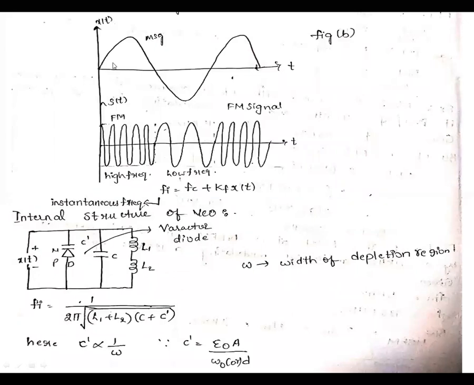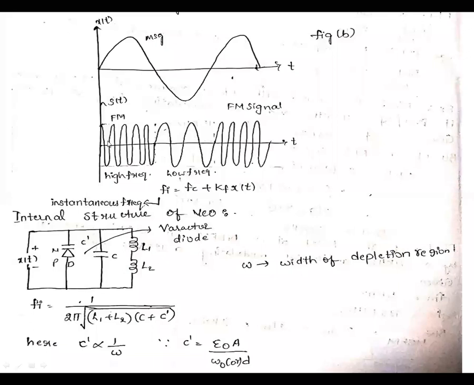So here is the figure. The m(t) signal is taken, and where the amplitude is maximum, the frequency is high, and where the amplitude is low or negative, the frequency is low. So observe the high frequency and low frequency.